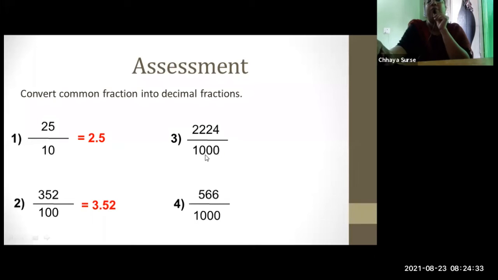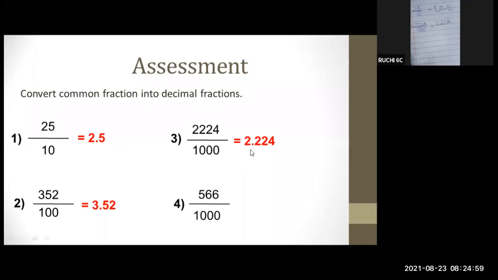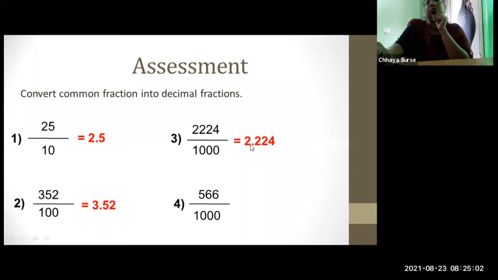Now how many zeros are here? 3. Yes, Ruchi, right. Count from the unit place: 1, 2 and 3. You will give the decimal point before the 2. 2.224. How will you read it? 2.224, not 224. Clear?